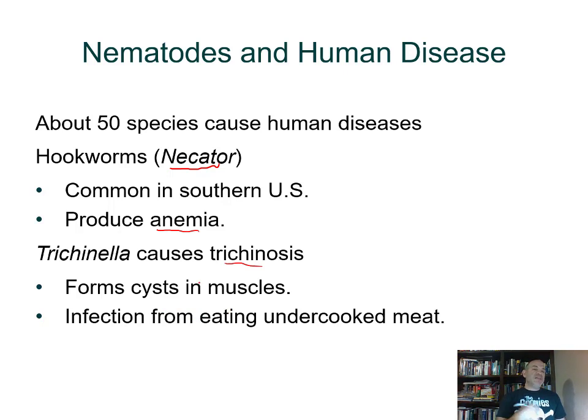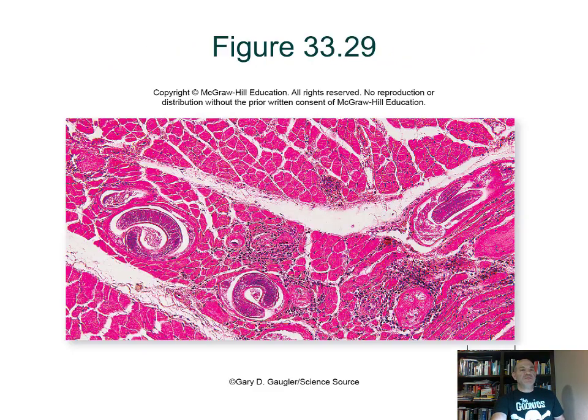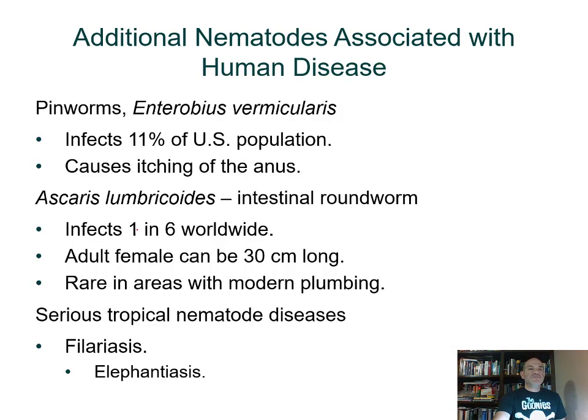When you eat it and you don't cook it right, you don't kill the larvae that are cysted within the meat that you're eating, and then you become infected, and then those larvae go to different kinds of muscle, like your tongue and even your heart muscle, and can cause disease and, in the worst case scenario, death. So this is muscle tissue, and you can see the larval cysts there just waiting to be consumed by the next host.